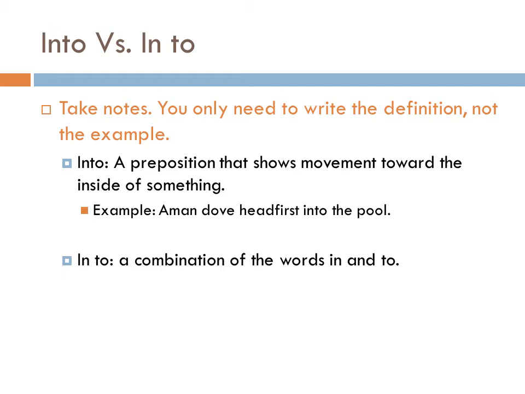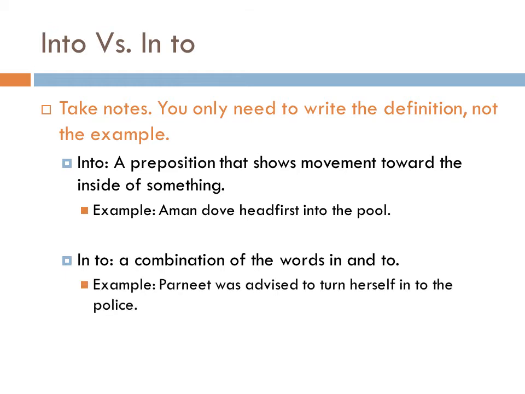In to. A combination of the words in and to. For example, Parneet was advised to turn herself in to the police. Notice that turn herself in is the phrase, and then it's saying to who. So it's separate. She's not actually going into the police.